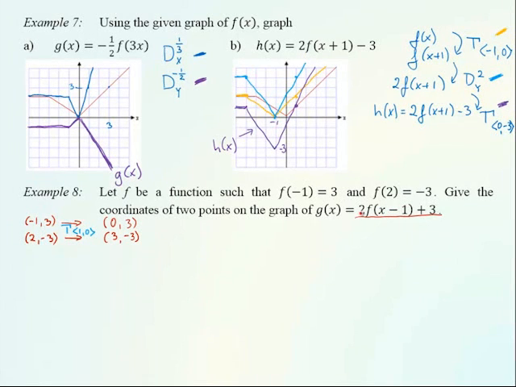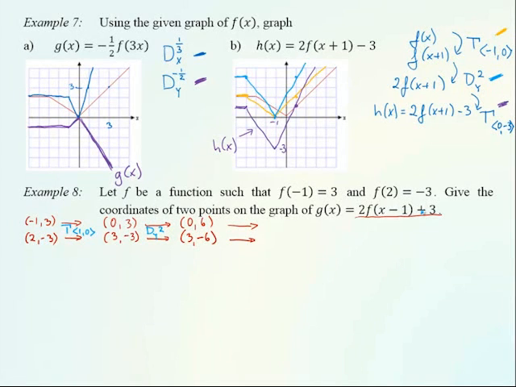The next transformation will be multiplying the function by 2, which means we're going to dilate in the y-axis by the factor of 2. That causes the y-coordinate of each point to be multiplied by 2. So our points become 0, 6, and 3, negative 6.